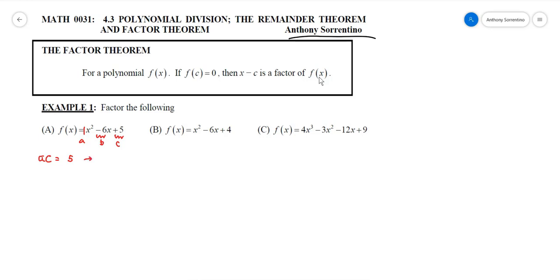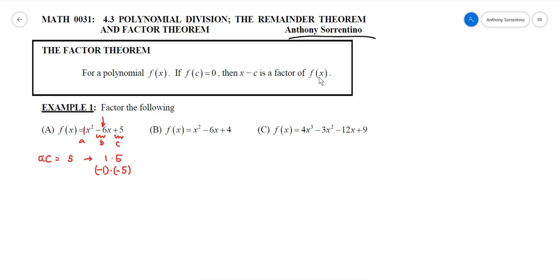As a matter of fact, there's only two: 1 times 5, or -1 times -5. And as we can see, it's -1 and -5 that when added together give me that -6.